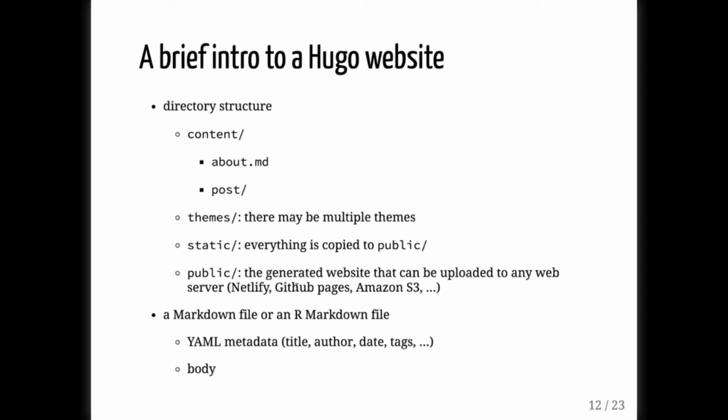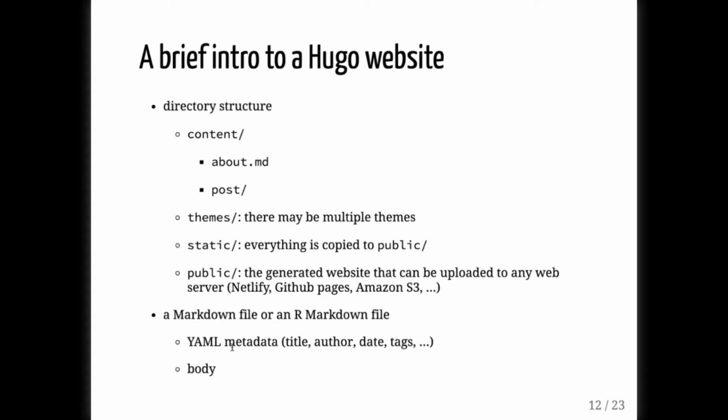So basically, all the source files under the content directory and all the static files under the static directory will be rendered to the public directory. So the public directory is what you will publish and deploy. And then in terms of the individual pages or posts, they are either a Markdown file or an R Markdown file.